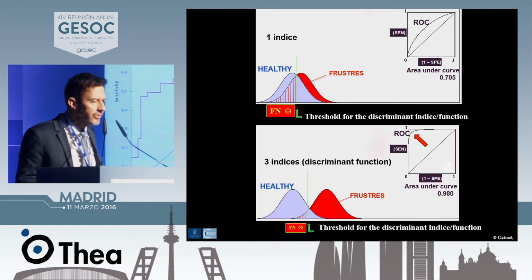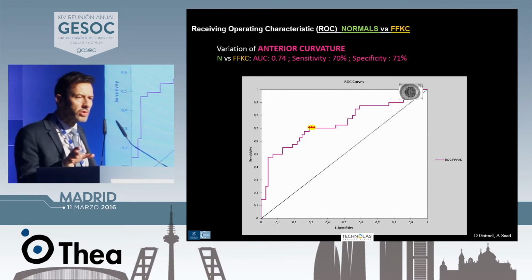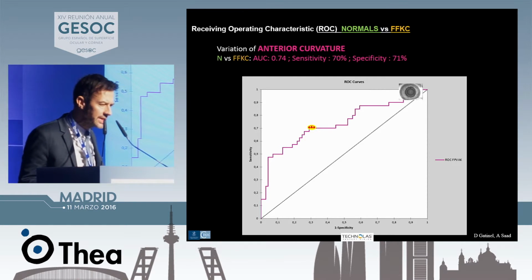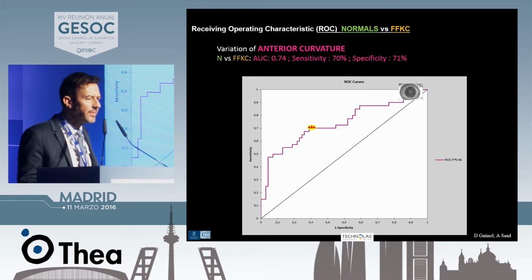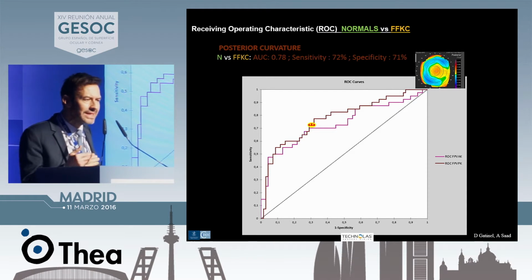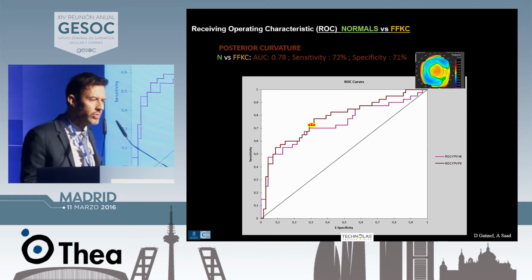And a few years ago, we took two groups, one group of normal patients, one group of form fruste keratoconus patients, and we looked at how anterior curvature alone could separate those two groups. And you can see the ROC curve, the higher the better, is not that very good. So anterior curvature is not very good in itself. Then we looked at posterior curvature. It's just slightly better, but it's not really what we would use statistically to be sure of what we're doing.